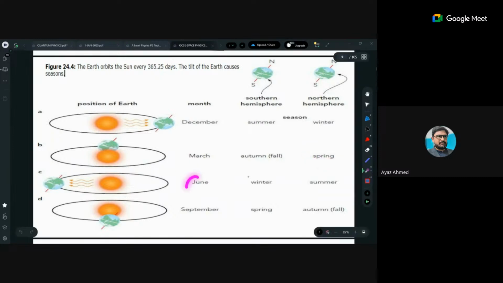In June, there is winter in southern hemisphere, and summer in northern hemisphere. So actually we are now in winter here, we are over here.